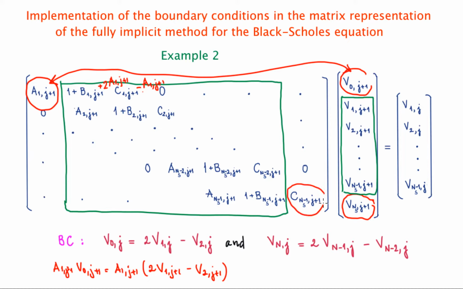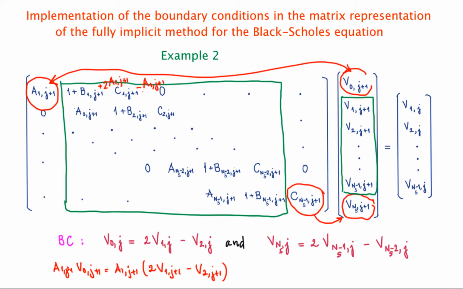We have the product of this C element times this V component evaluated at index NS, but NS is equal to this relation here. We can substitute NS with all of these.